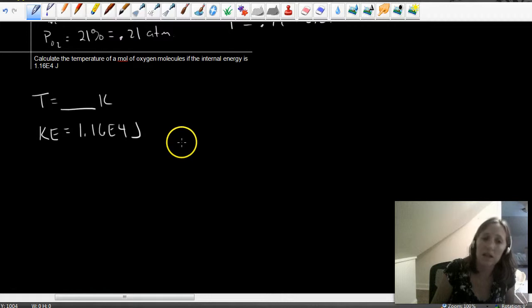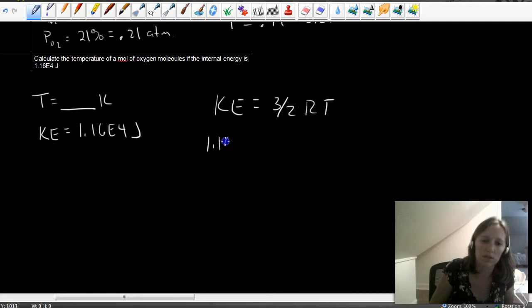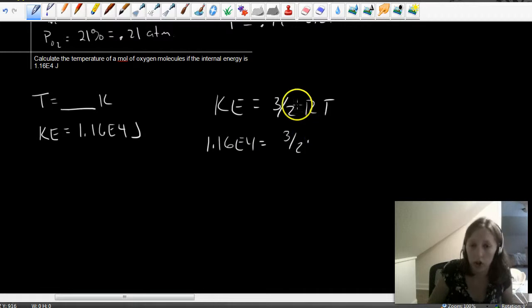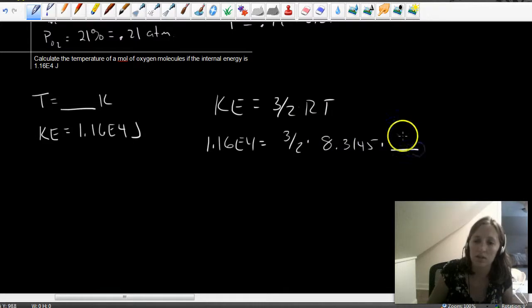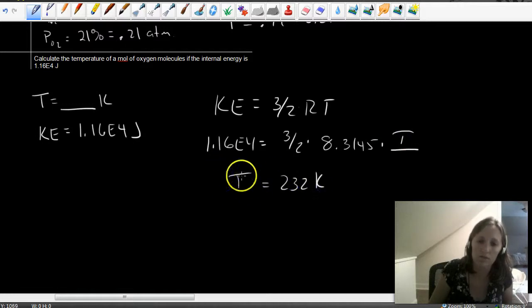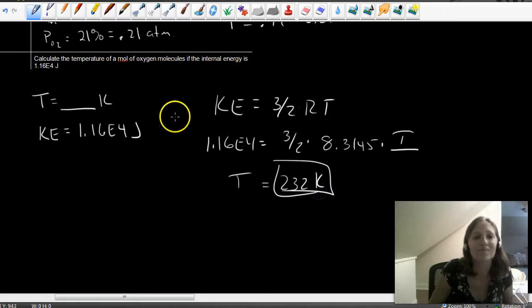So we need a formula with KE and T, which is the kinetic energy is 3/2 RT, and that's going to be 1.16 e to the 4th equals 3/2 times your R, which has got to have joules in it. That's going to be 8.3145. And we are looking for temperature, so temperature equals 232 Kelvin.